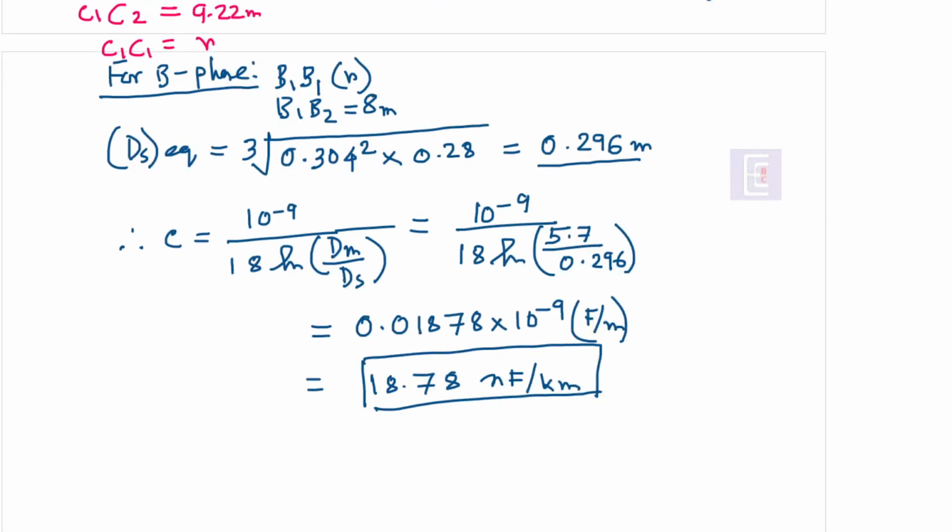One fundamental difference between inductance and capacitance calculation is that while calculating inductance, you should always consider R dash, which is equal to 0.7788 into R. While calculating the capacitance, you should only consider R. Otherwise, as far as Dm is concerned, it is exactly the same.